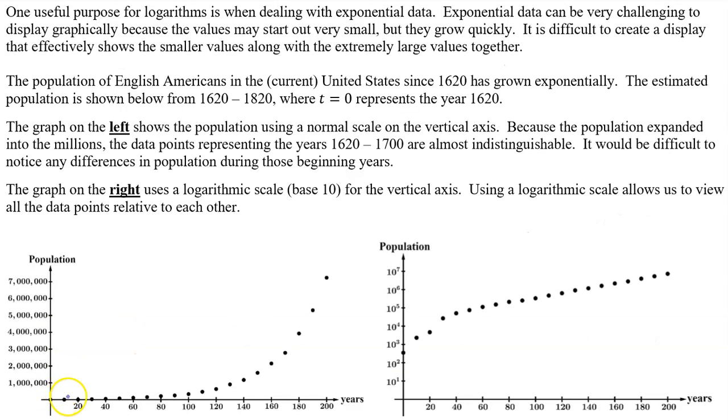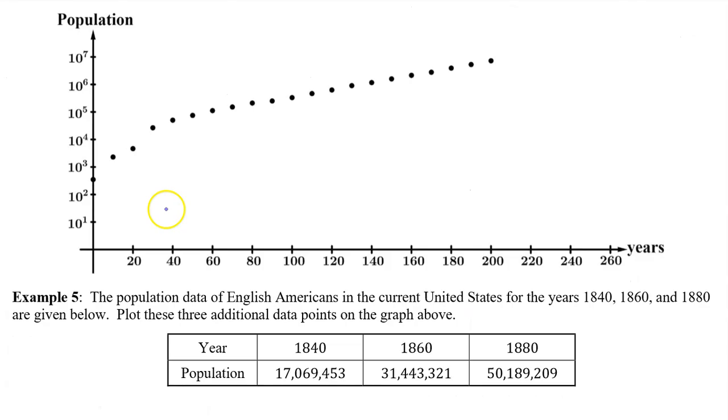It would be difficult to notice any differences in the population during these beginning years. On the other hand, the graph on the right uses what's called a logarithmic scale, base 10, for the vertical axis. Using a logarithmic scale allows us to view all the data points relative to each other, and we can see significant differences even in those initial values.